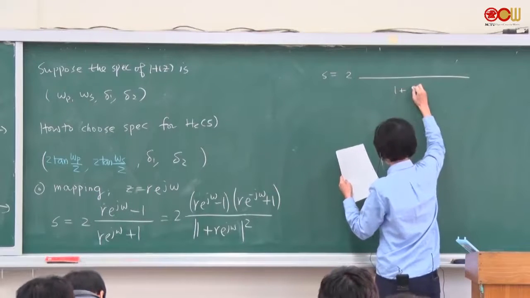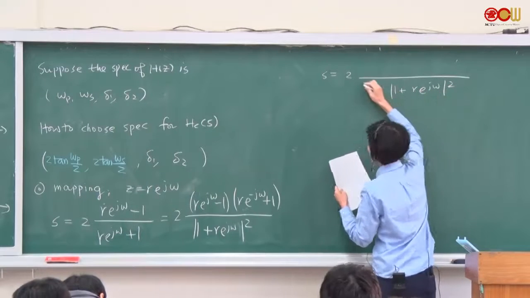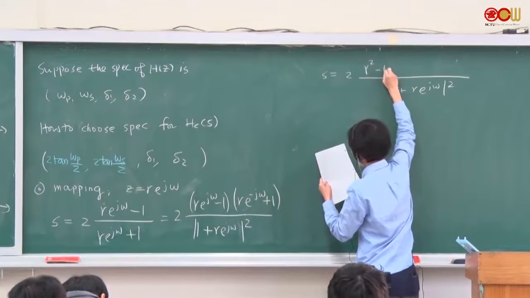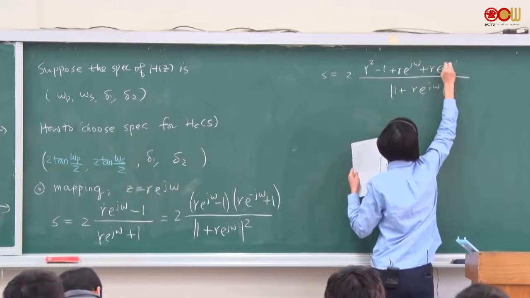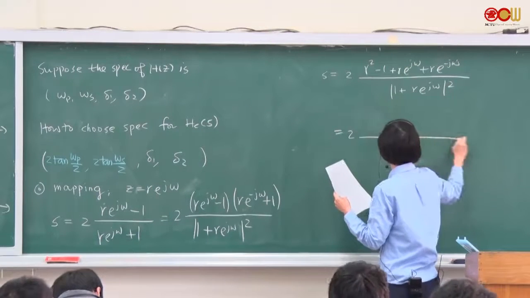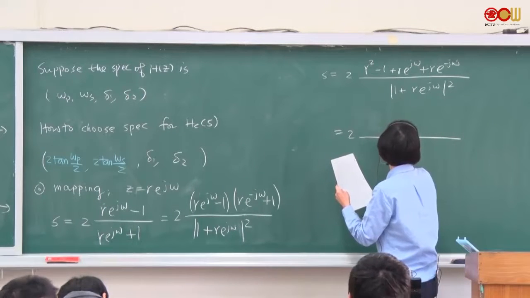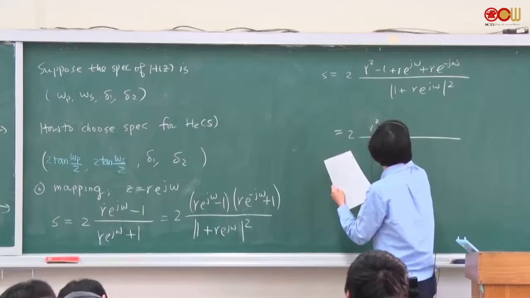We get 1 plus Re^{jω} squared, and then we get R squared minus 1 plus Re^{jω} plus Re^{-jω}, so this gives us r squared minus 1.